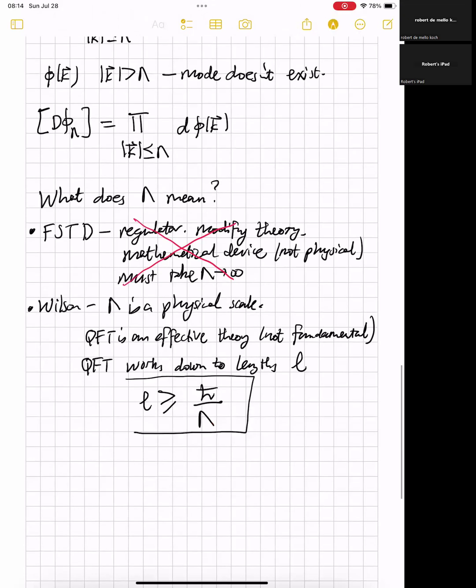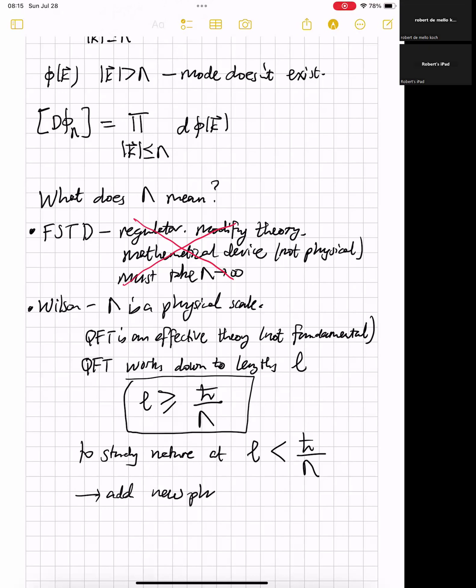If you want to study nature at L less than h bar over lambda, so at even shorter distances, well, you need to add new physics. So you must add new physics. We don't know what physics you have to add, obviously, by definition of the word new. So it's unknown physics, but it would be stuff like perhaps quantum gravity, okay?